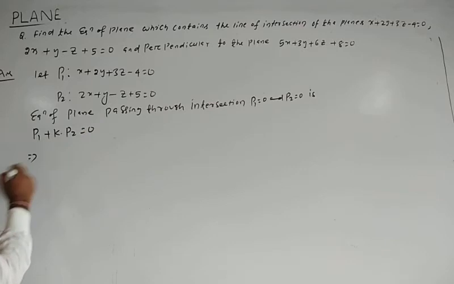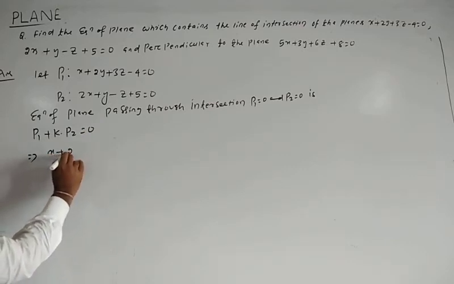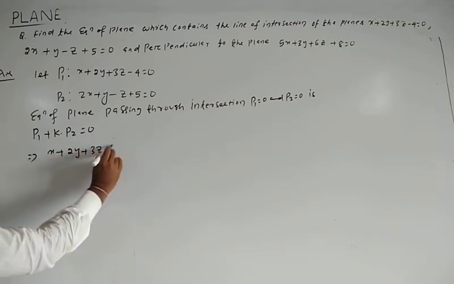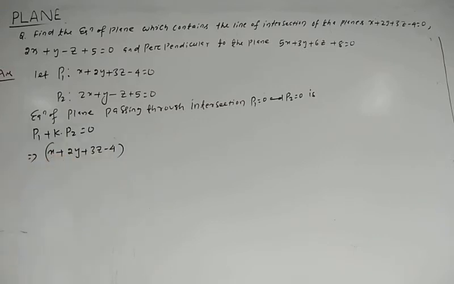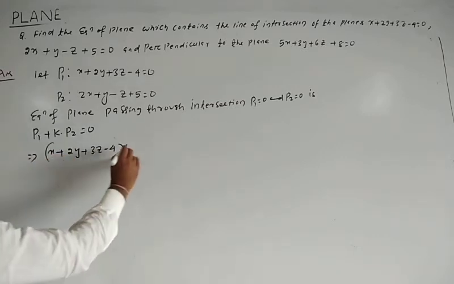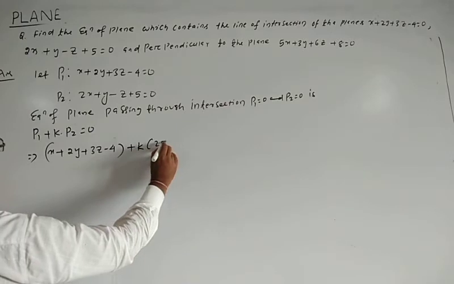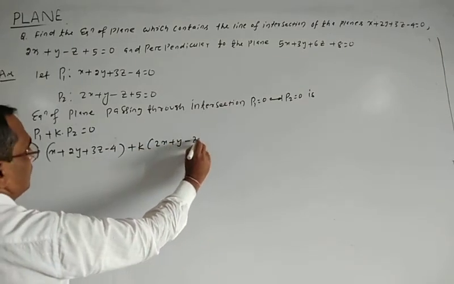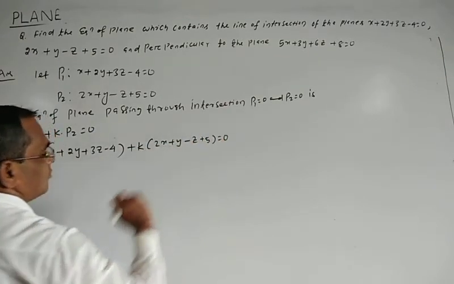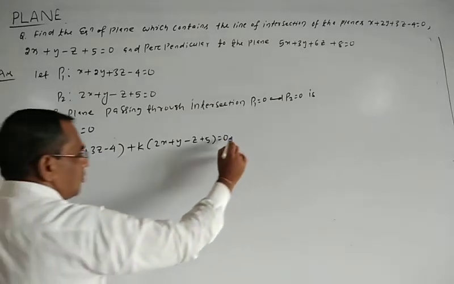That implies x plus 2y plus 3z minus 4 plus k into 2x plus y minus z plus 5 is equal to 0. Let it be equation 1.